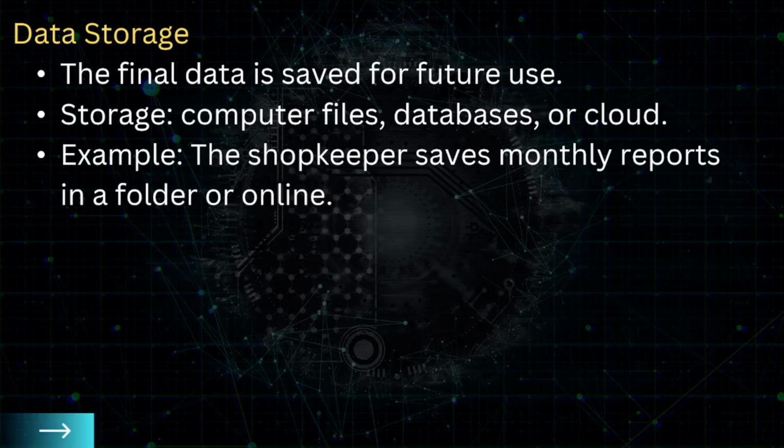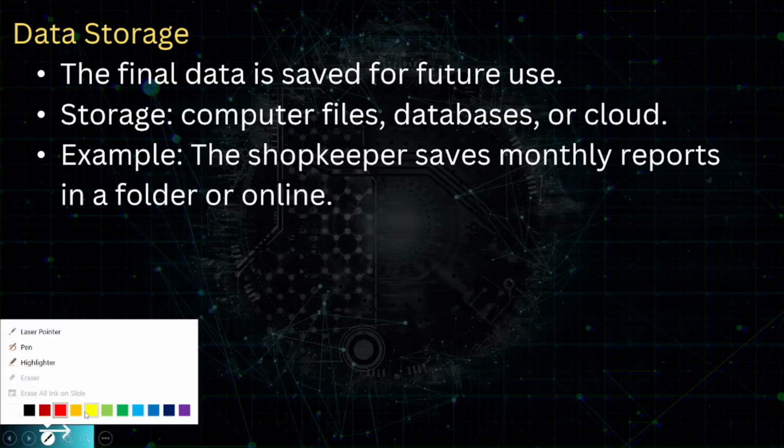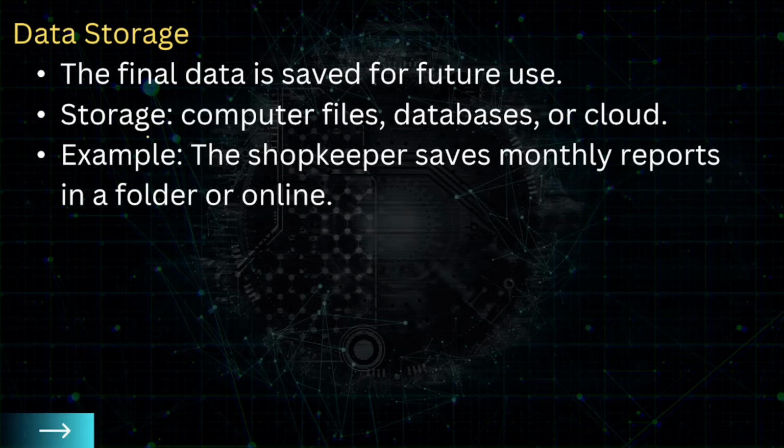Okay, the next concept is data storage. After processing, finally we store the data for future use. So the final data is saved for future use. How are we going to store the data? Initially, they would store the data manually, in a file. But in the recent trend, they store the data in computer files, databases, or the cloud.